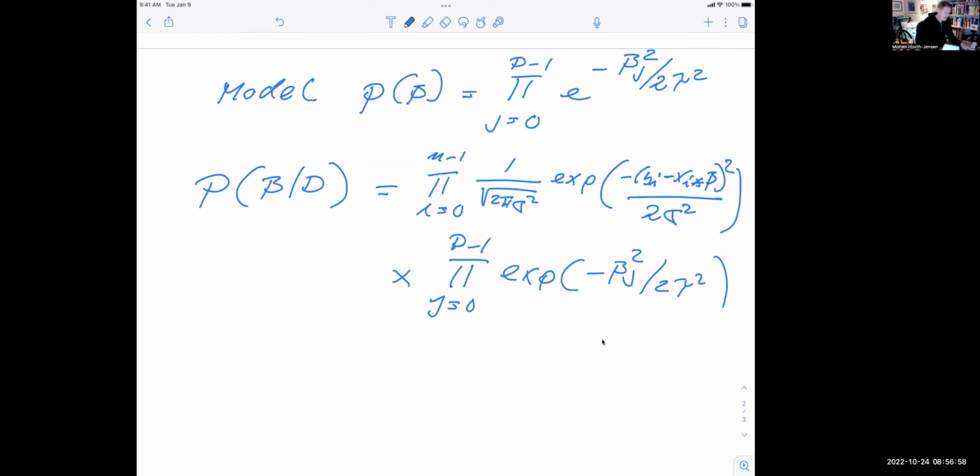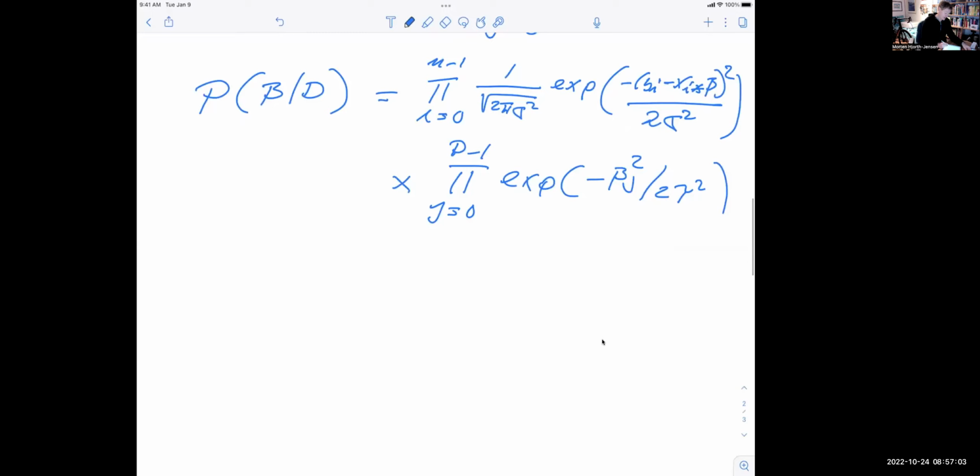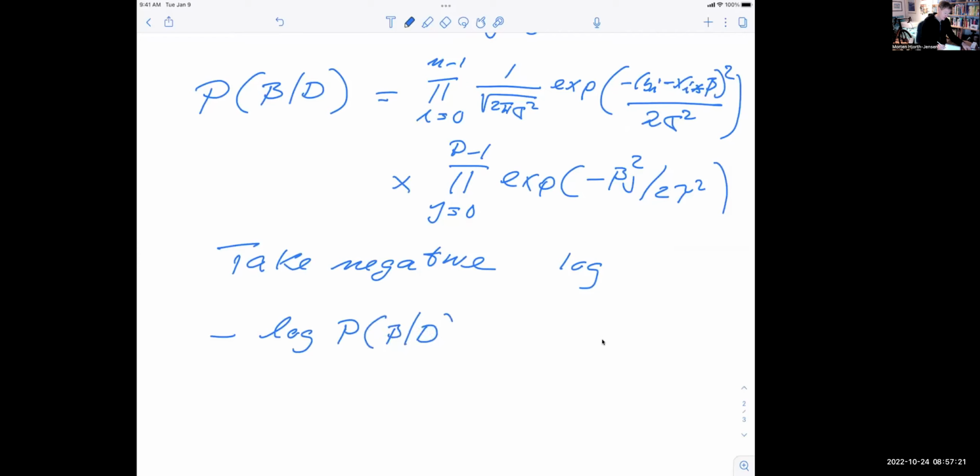Now then I take the negative log of this quantity, as we did in ordinary least squares, and we want to minimize this equation here, so we have the negative log of beta with a given data here, and that gives us a factor of n divided by 2 here, which comes from the square root.